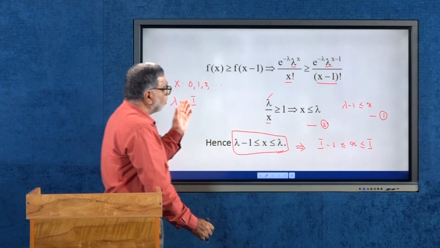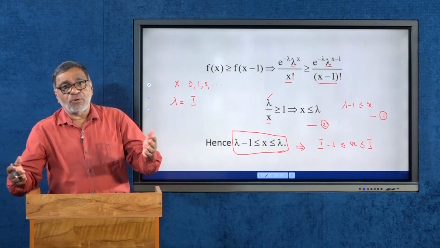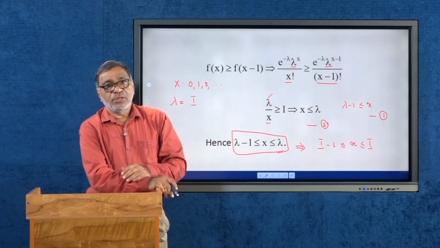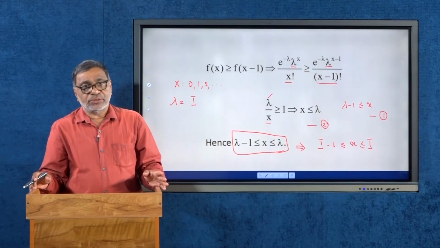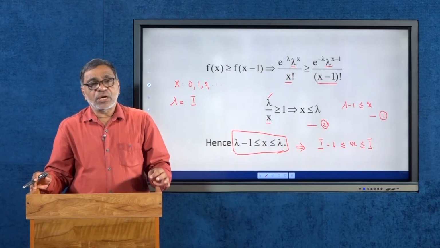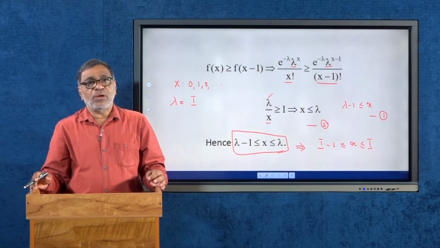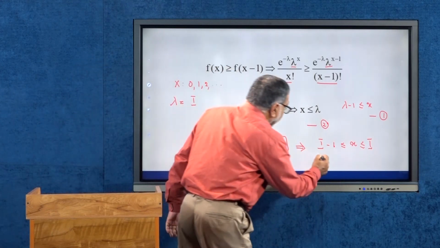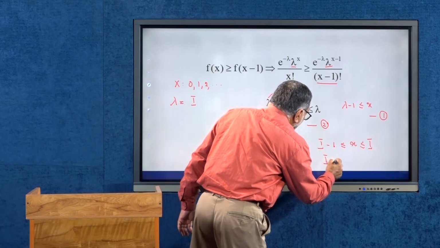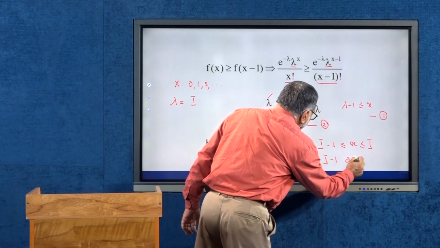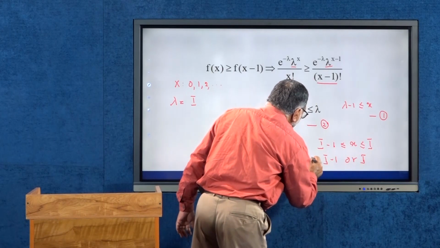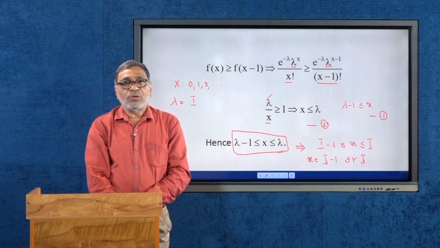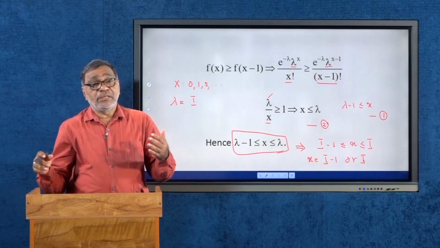Suppose lambda is an integer, say 4, this becomes 3 less than or equal to x less than or equal to 4. And what are the possible values for x? Since x is a Poisson random variable that has only integral values 0, 1, 2, 3, etc., x has the value I minus 1 or I if lambda is an integer.